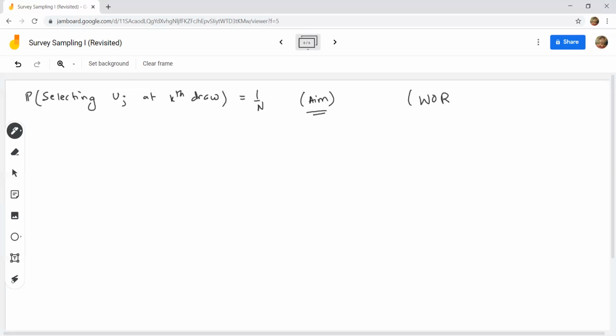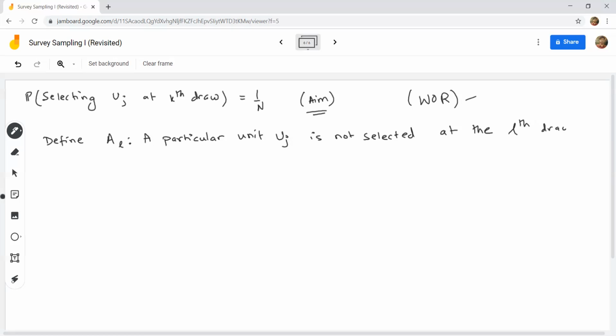Now I will define an event, say A_l. That is the event that a particular unit, say U_j, is not selected at the lth draw, suppose.